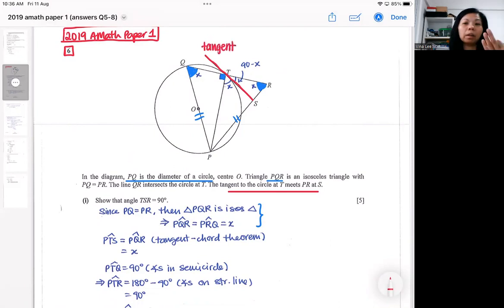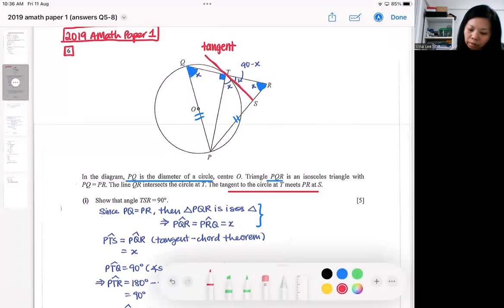So those are the three things you should have taken note of: the 90 degree because of the diameter, the two base angles because there's an isosceles triangle, and the tangent, which might lead you to the tangent chord theorem.